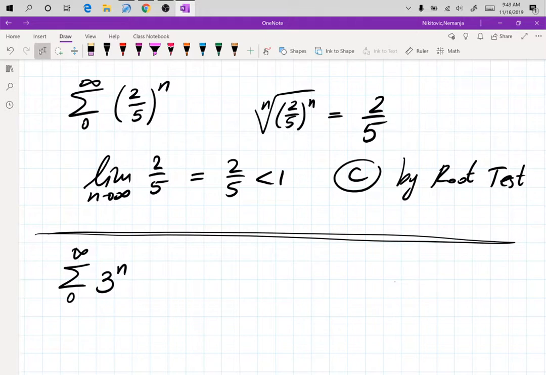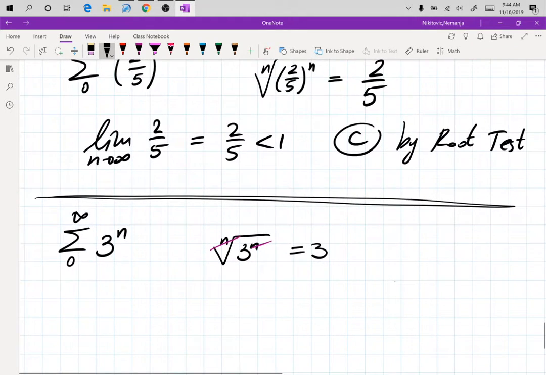We're just going to do root again because we can. So the first step is to take the nth root of 3 to the n, which just kills the exponent, and you just get 3.